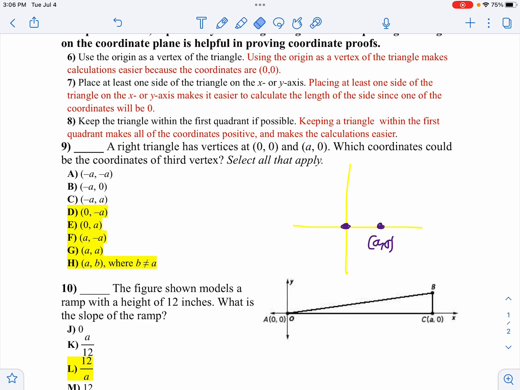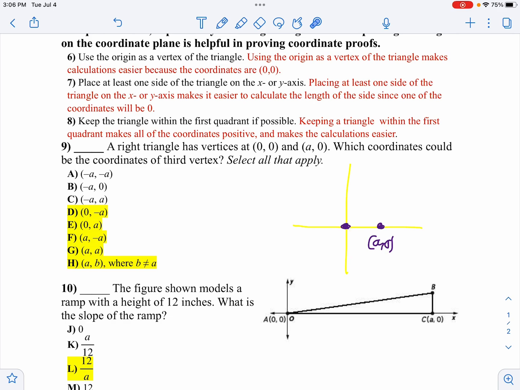If I do negative A and 0, that would put us right on my x-axis. That's not a triangle. If I do negative A and up A, that doesn't make it a right triangle either. If I do 0, down A, then I've got a right triangle right here in the fourth quadrant.